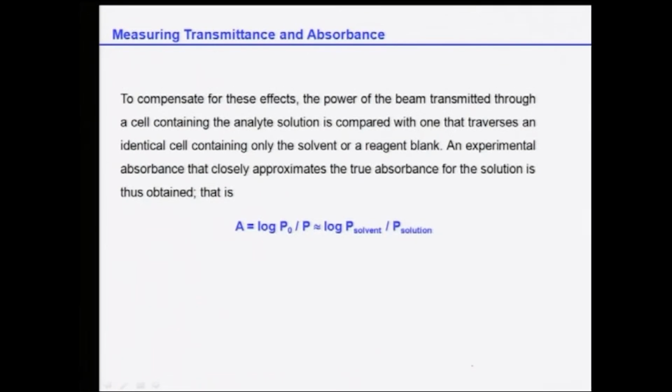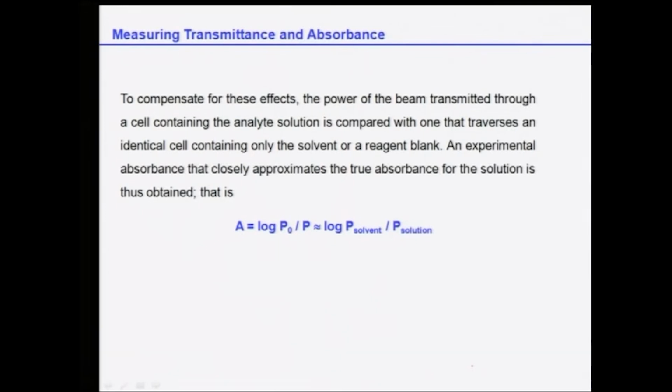To compensate for these effects, the power of the beam transmitted through the cell or container is compared with one that traverses an identical cell containing only solvent or a reagent blank. So basically you are using a standard.